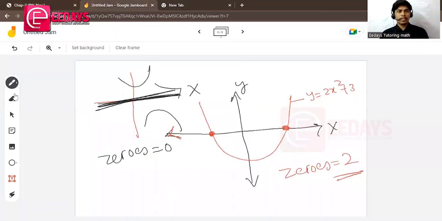I just draw the graph here. Let's take some raw graph here.